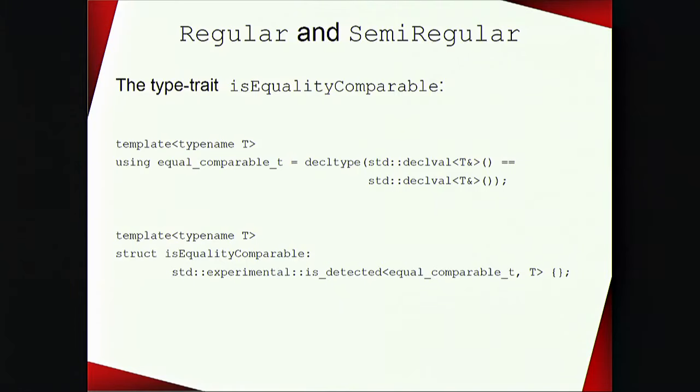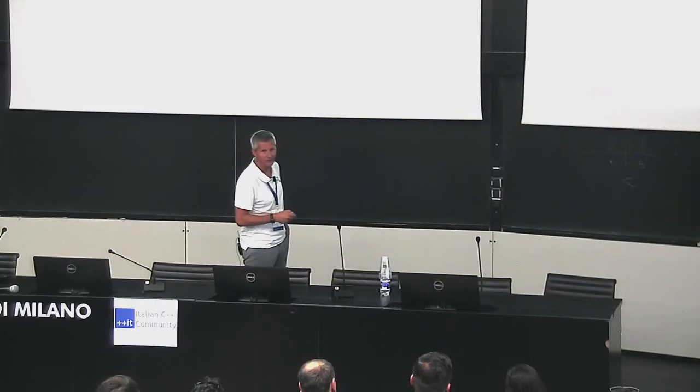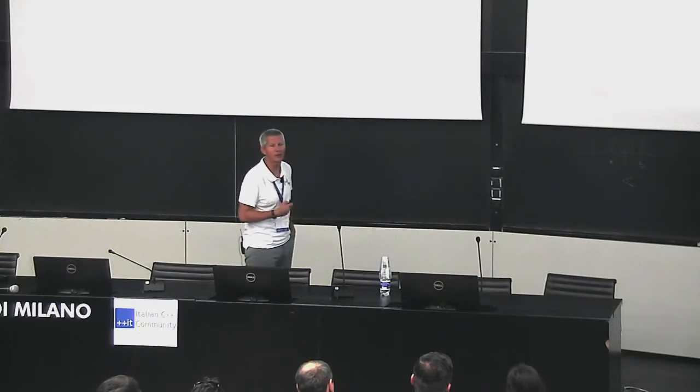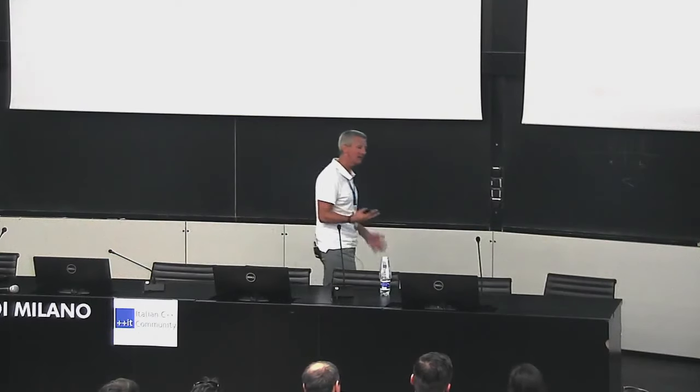I define my own type traits which I can use at compile time to detect if t is equality comparable. That's the key idea. I say declval of t, and that returns true if type t is equality comparable at compile time, of course. This is a type trait which only answers me the question.